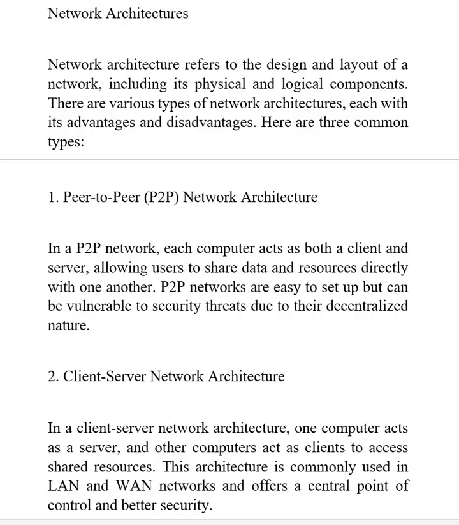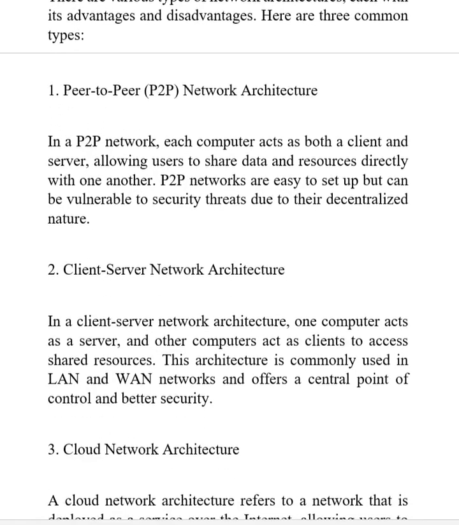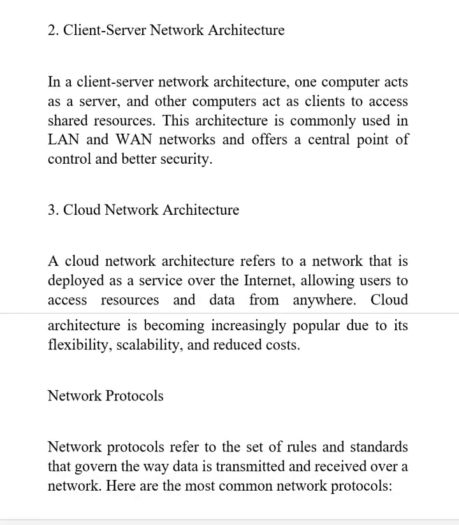2. Client-server network architecture. In a client-server network architecture, one computer acts as a server, and other computers act as clients to access shared resources. This architecture is commonly used in LAN and WAN networks and offers a central point of control and better security. 3.